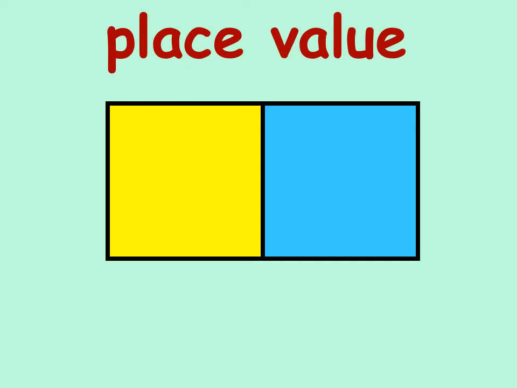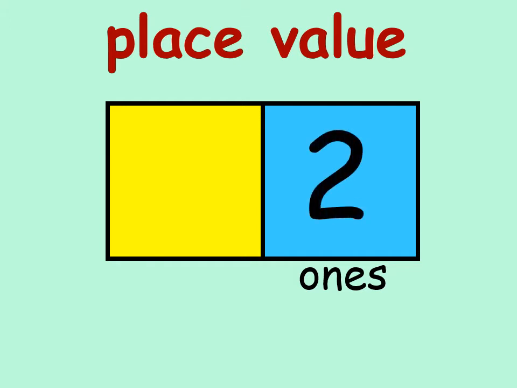Okay, place value. We started with this box, and in the blue section we write the ones. And you did that yesterday for your homework, and you all did a very good job. So if we had the number 2, what would the value be? The value would be 1, 2.